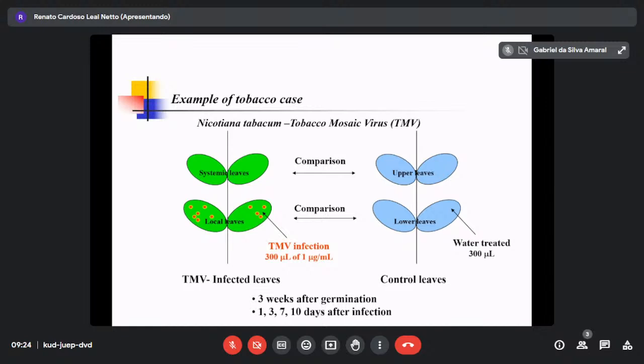So once more, when you find a result, you have to think about this. Otherwise, as he mentioned, I found that local and systemic are separated in PCA. Then immediately someone asks you, how about the upper and lower leaves? It's changing. How can you explain this?